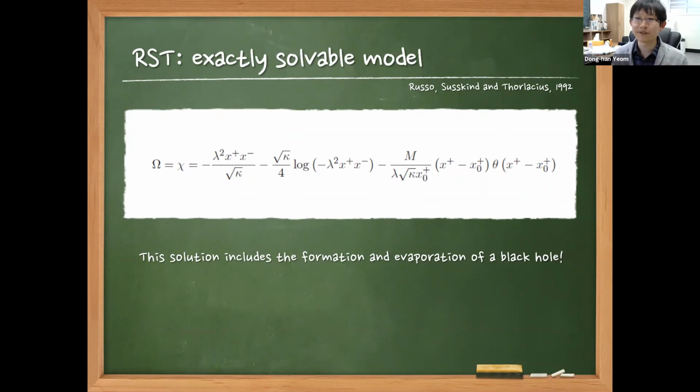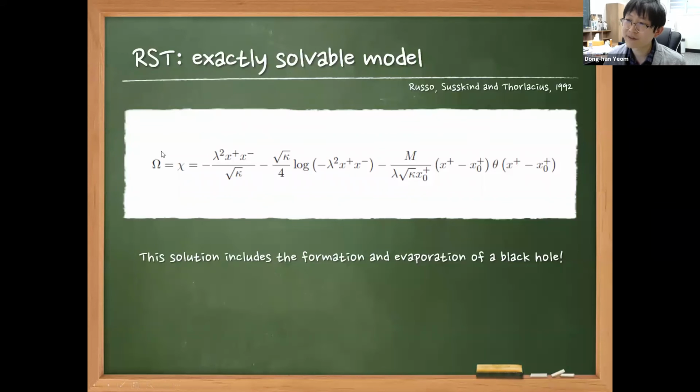And this formula is very simple. You can write it in just one single line, but this includes everything about the formation and evaporation process of the entire space-time within the one-loop order corrections. So in this sense, it is exactly solvable, and it is a really interesting and surprising result.